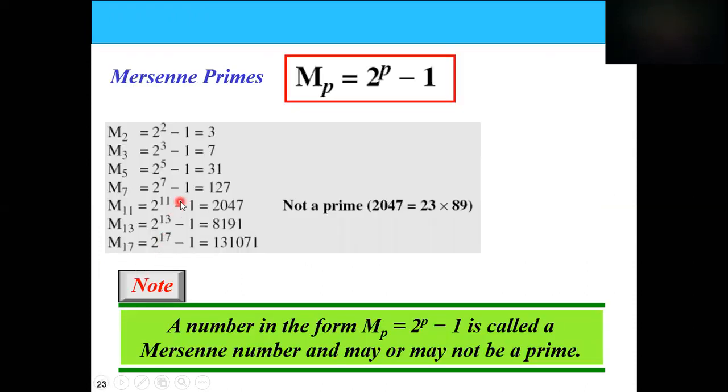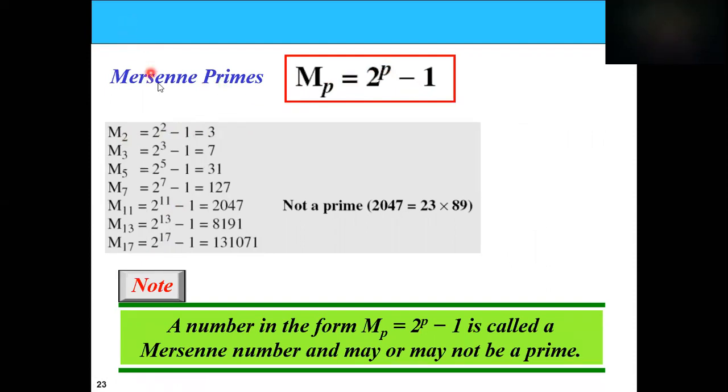Mersenne prime numbers. This is another, dear student, one of the shortest ways to find prime numbers. If you put p, where p is prime, in 2 to the power p minus 1, these are Mersenne primes, but this does not give you a prime all the time. It may or may not be prime.